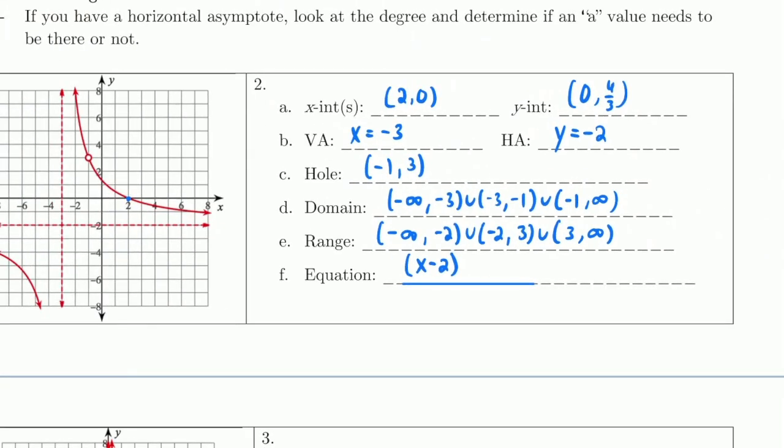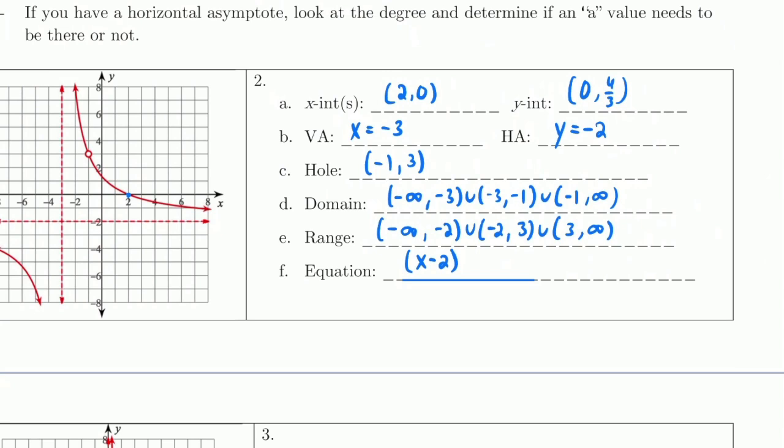Then let's skip over the y-intercept for now. Let's look for our vertical asymptote. Our vertical asymptote, we set that by setting our denominator equal to 0. So if I have a vertical asymptote at -3, the factor that corresponds to that would be x + 3, because if I set that equal to 0, I get -3. Okay, so we get that.